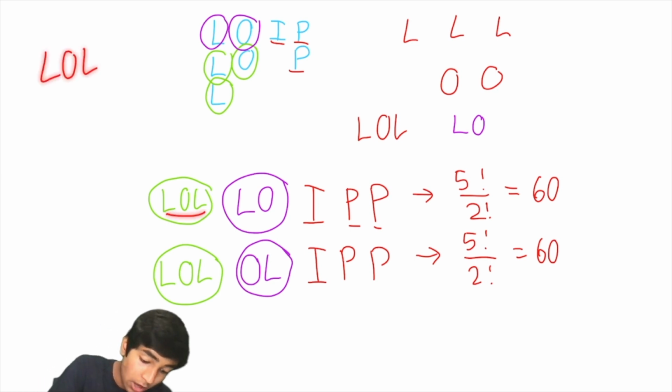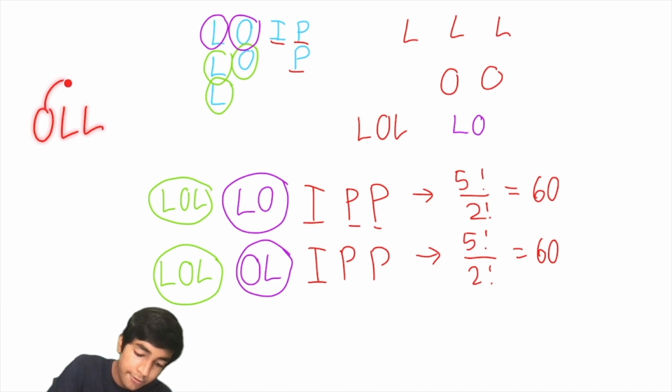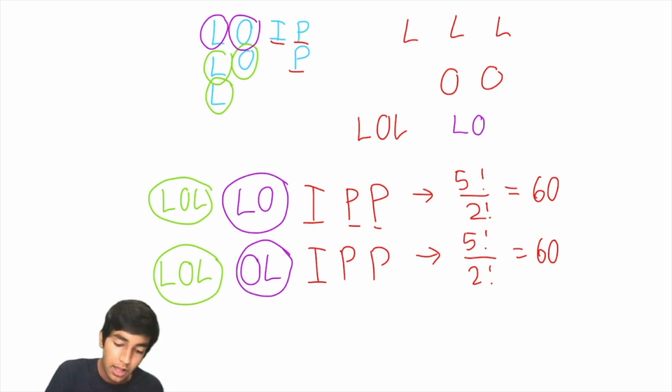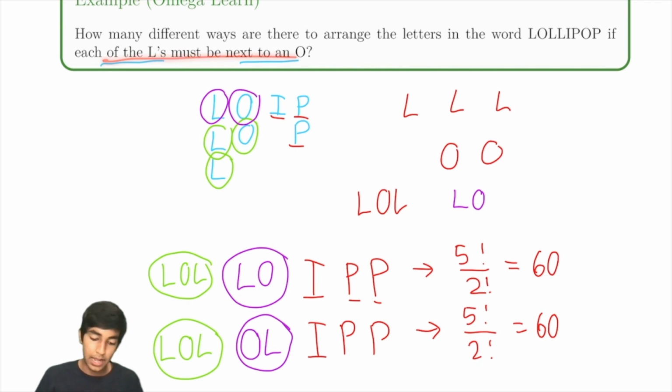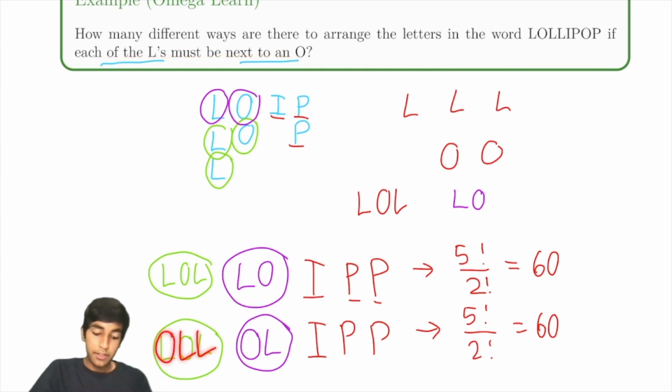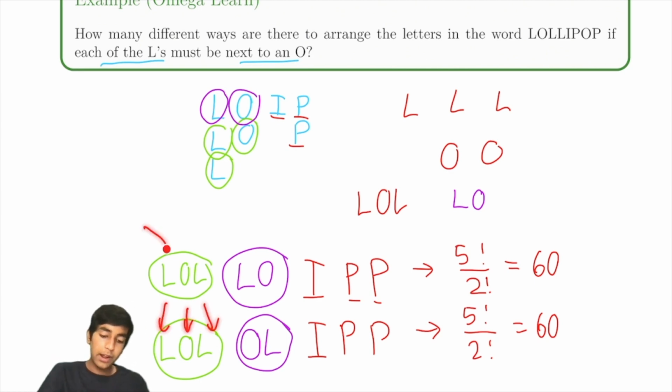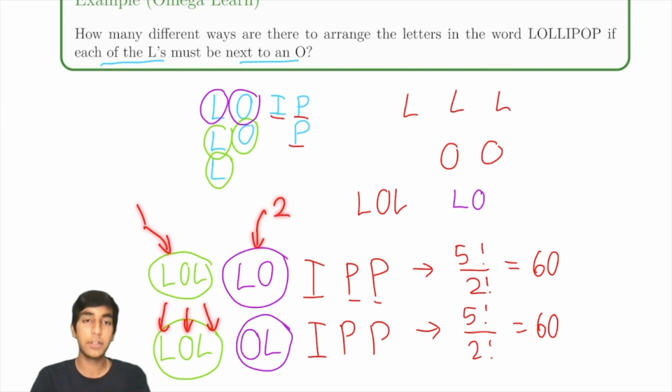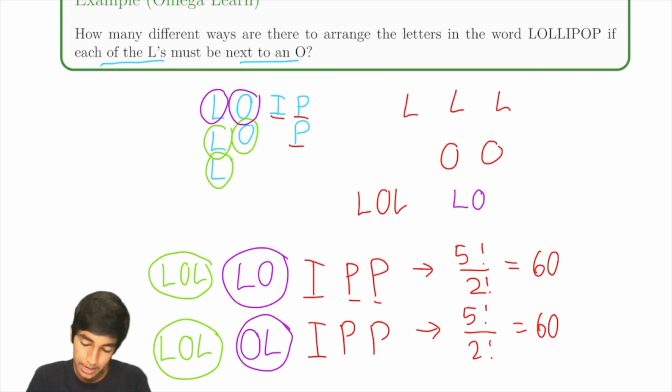And we can't have something like OLL, because then the O is not adjacent to both the L's, which is what the condition says. Each of the L's must be next to an O. The O has to be in the center, 2 L's on the outside. So only one way to rearrange this part, but the purple part has 2 ways to be rearranged. Okay, so 60 and 60.